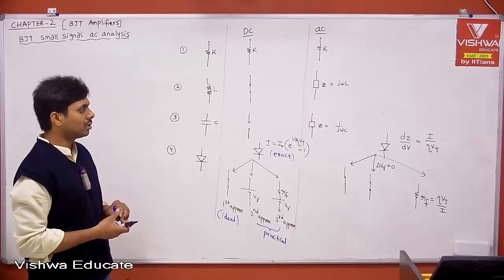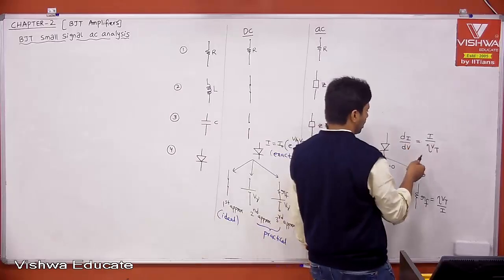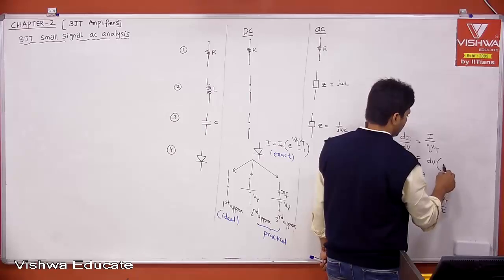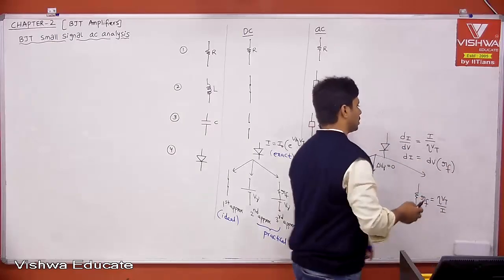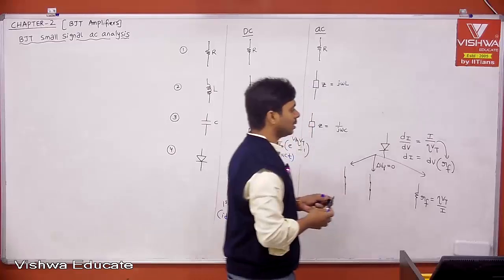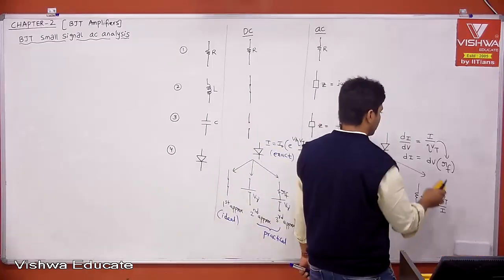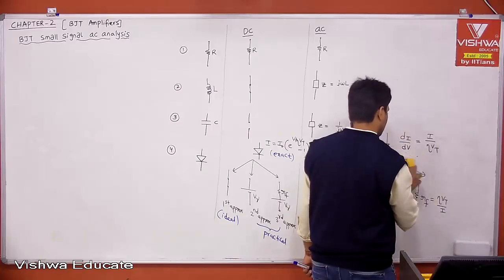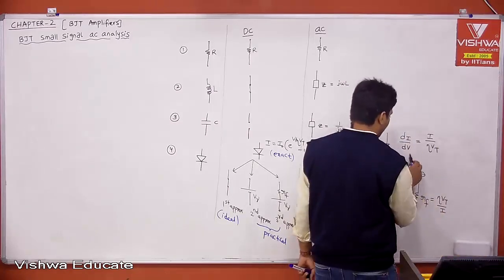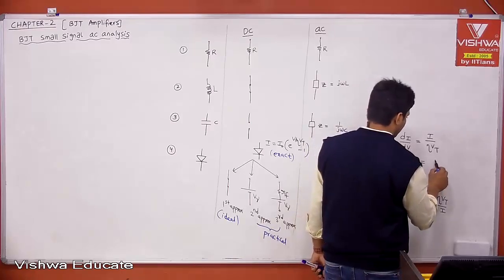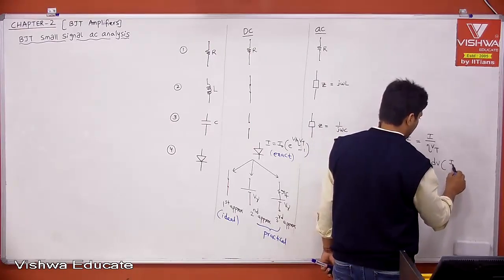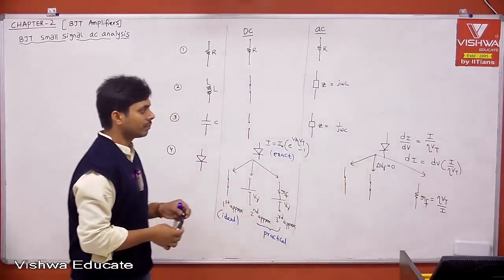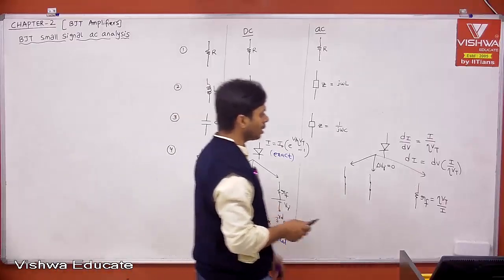di is equal to dV into I by eta Vt. That is your forward resistance and delta V. Therefore, what is the meaning of it? I can say di is nothing but dV into 1 by forward resistance RF, where I by eta Vt is nothing but 1 by RF.